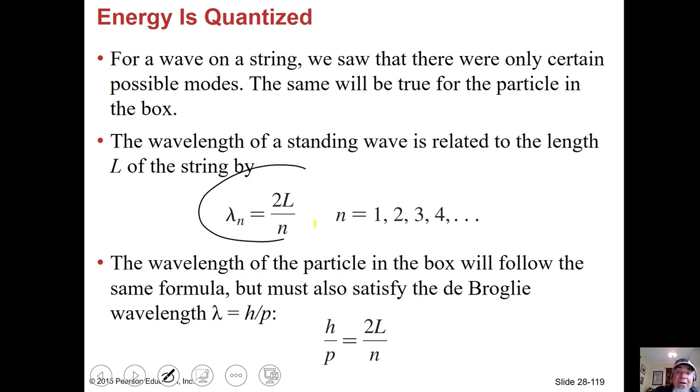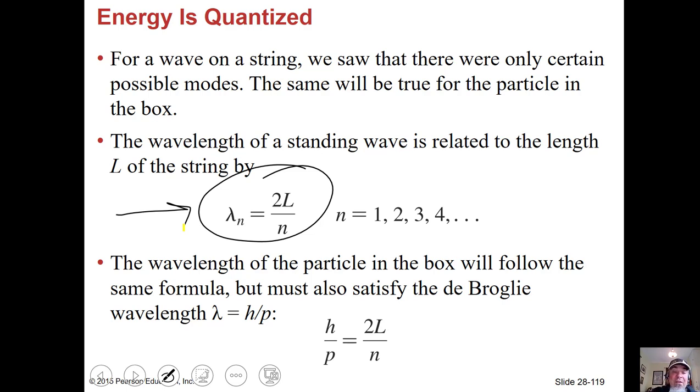The wavelengths we saw were 2L divided by n. And the n could be any integer: 1, 2, 3, 4, etc. So when n was 1, that was the fundamental frequency, and then we had higher frequencies or shorter wavelengths in this case.